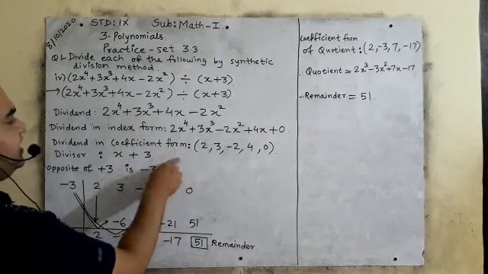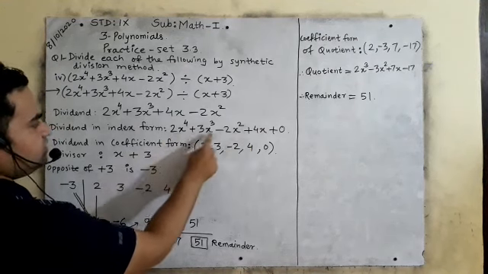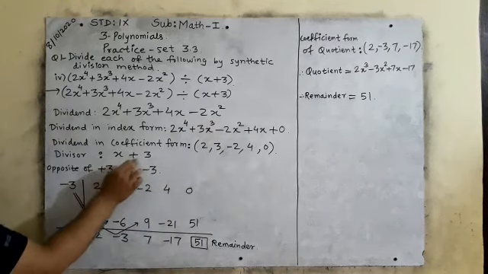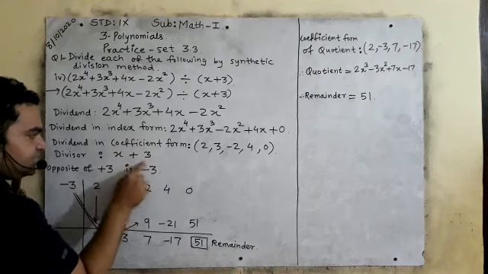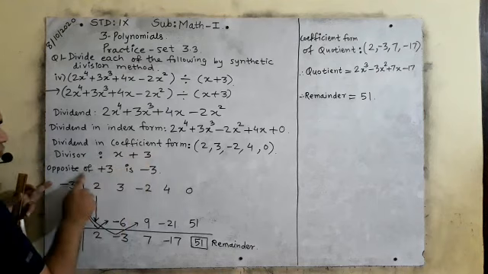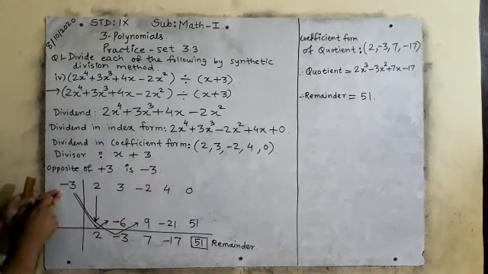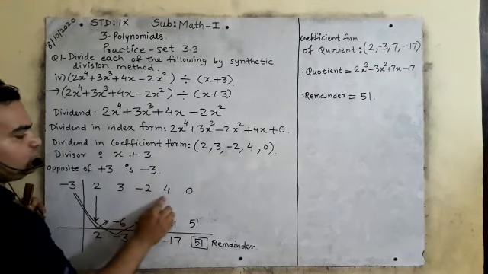Now we will write its coefficient. X is the only variable. And coefficients 2, 3, minus 2, 4 and 0. Then divisor x plus 3 is the divisor. I told you whatever number is beside the alphabet, plus 3, you will write the opposite of plus 3, which is minus 3. This minus 3 you will write here. Then these coefficients you will arrange: 2, 3, minus 2, 4 and 0.